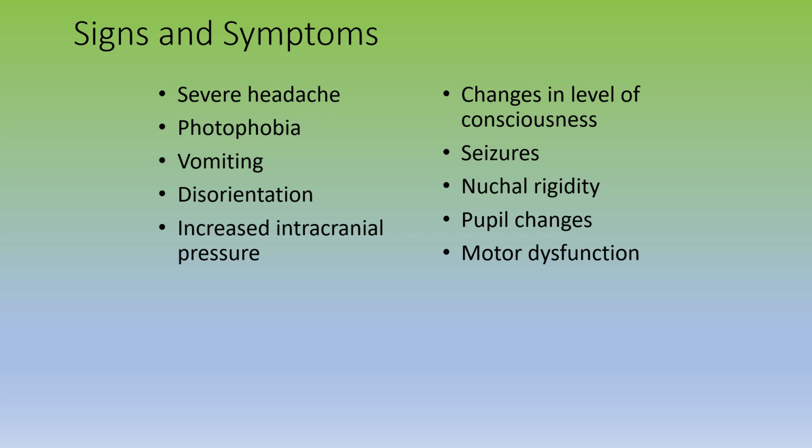Most people will say that they have the worst headache of their life, and believe them, they need medical treatment right away. Other symptoms include photophobia, sensitivity to light, vomiting, disorientation, increased intracranial pressure, changes in the level of consciousness, seizures, nuchal rigidity, pupil changes, and motor dysfunction.